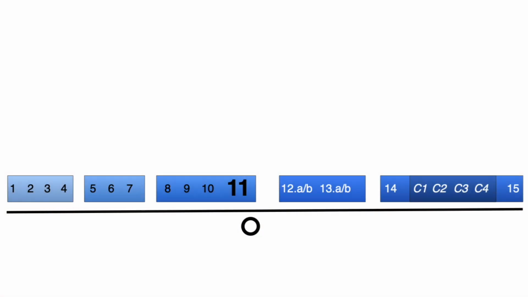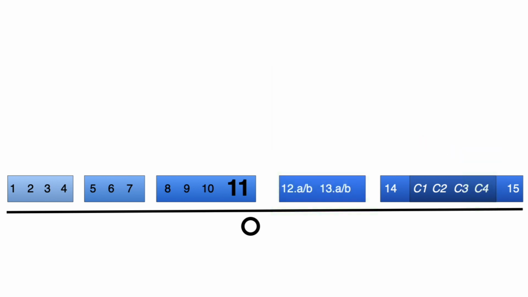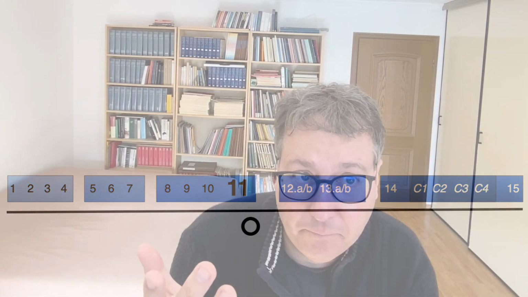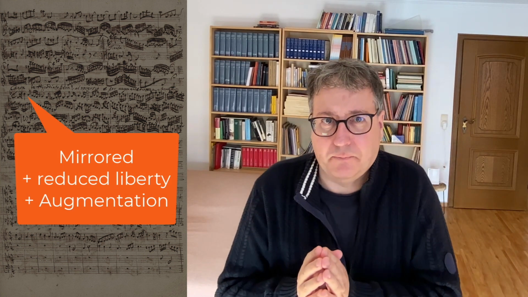But the fourth group, in my opinion, the canon in augmentation and contrario motu, is the last reference and the climax according to the mirror principle from group 4. From its structure, I may see this last canon as a kind of mirrored piece, but additionally reduced in liberty and additionally enriched with the augmentation principle.